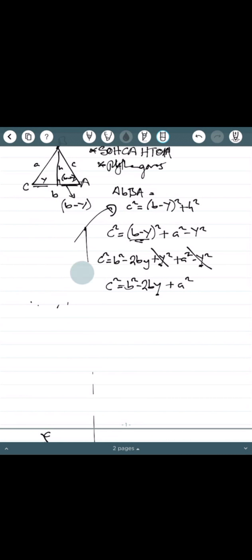Let's just clear this other screen so that we can find the value of y. So move this slightly there.